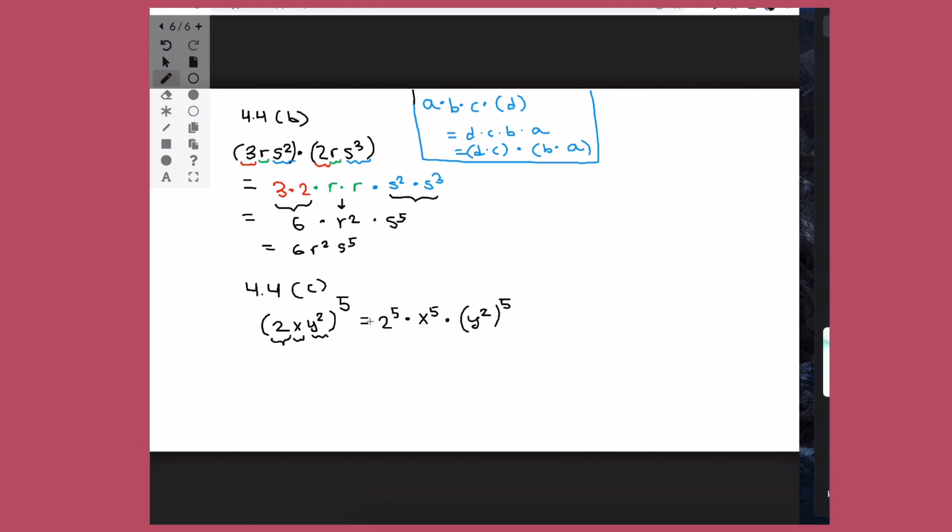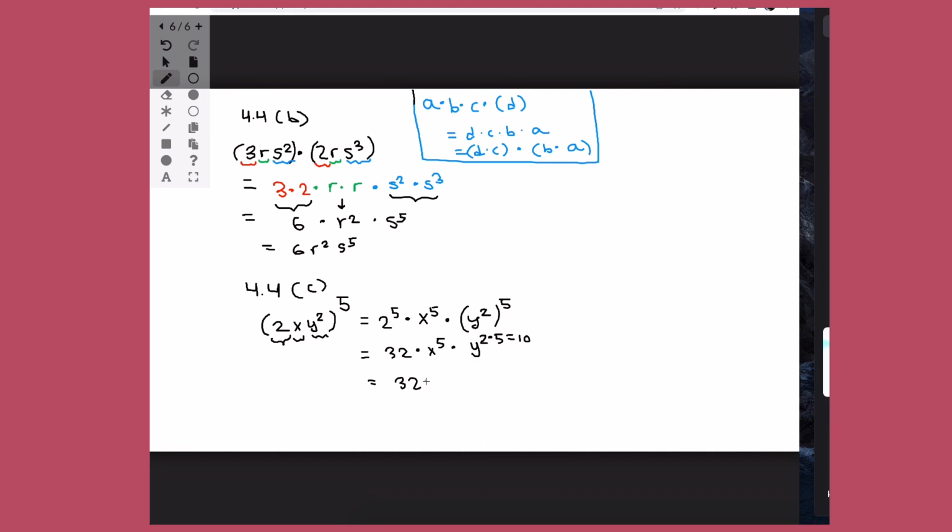So for these first two terms, all you can do is say 2 to the power 5 is equal to 32. x to the 5th you can't simplify, but y squared to the power 5 you can simplify. Using the power of power rule, y to the power 2 times 5, and this is just equal to y to the 10.